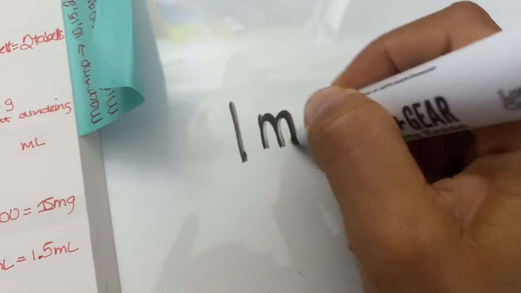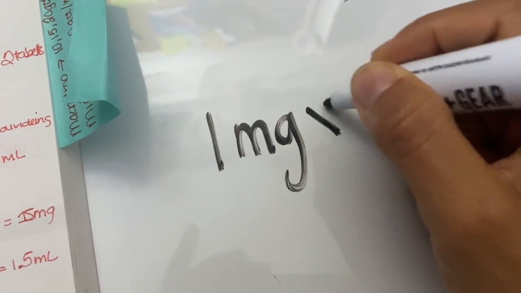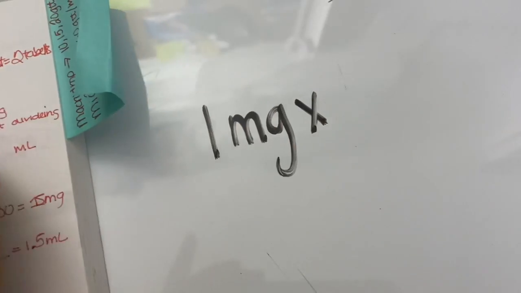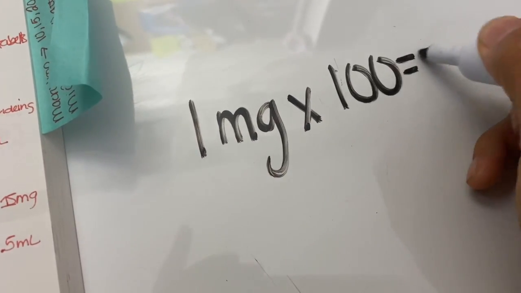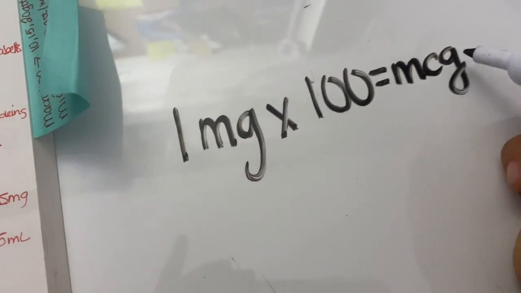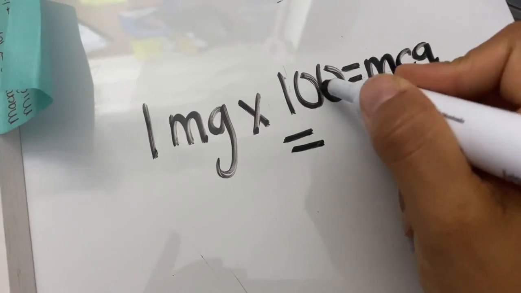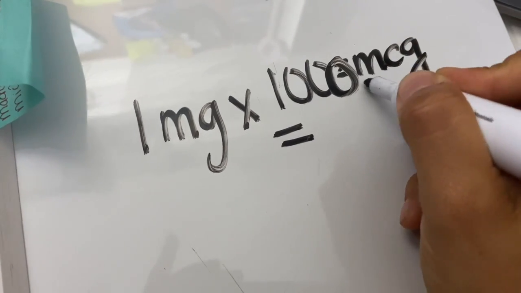So this time I'm going to write it in black because I know you guys could see it so much better. So what I'm doing here is I'm just writing it out. Although I know 1 milligram is equal to 1,000 micrograms.